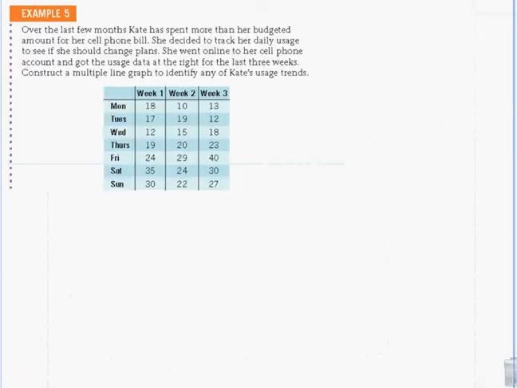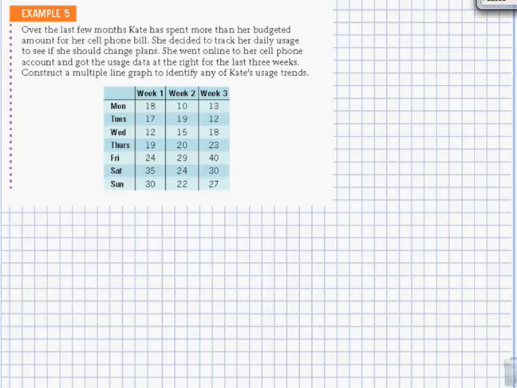Okay, here we're going to need graph paper again, so hold on 1 second. We have Monday through Sunday, and then we have week 1 through week 3, and we have dollar amounts. So what I'm going to do is week 1 will be a blue line, week 2 will be a red line, and week 3 will be a black line, because I'm going to compare my usage each week.